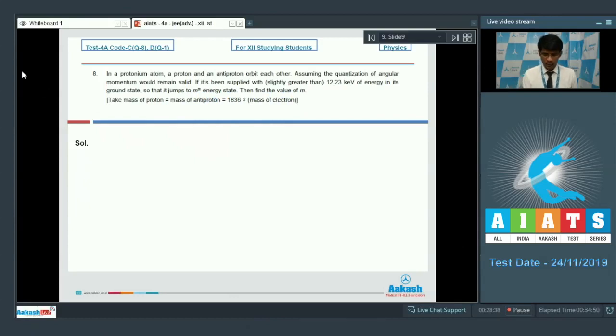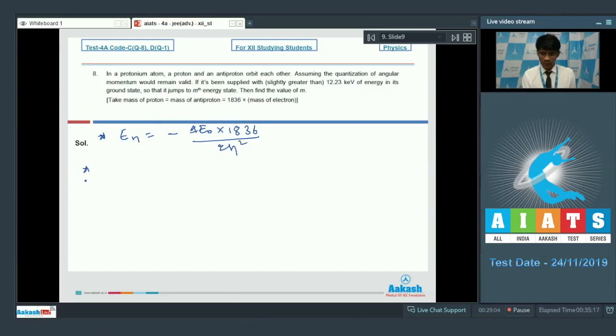In this part, if we make some rigorous calculation taking care of force of attraction and the integral multiple of nh by 2 pi as angular momentum, then we will be getting the energy in nth state would be equal to minus of delta E naught into 1836 divided by 2n square. Delta E naught is 13.6 electron volt.